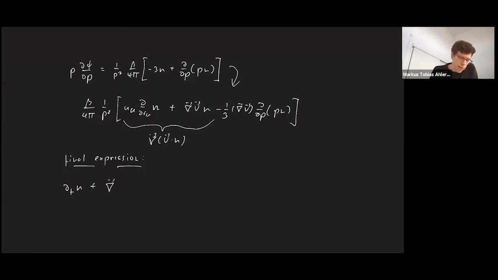And then I have here the convection term, which now takes the form of the gradient of u times the spectral density. And I have here the adiabatic loss term, again scaling with the divergence of u. And then the momentum derivative of p times n. And I have here finally the diffusion term, K.